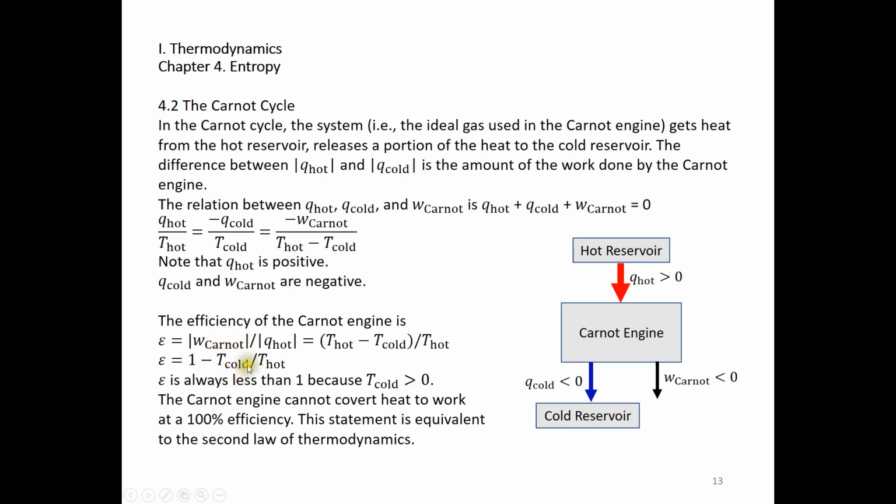For us to have this T cold to be exactly 0 Kelvin, it's impossible. So this ratio is always greater than 0 but less than 1. So this epsilon is always less than 1. Alright, the Carnot engine cannot convert heat to work at 100% efficiency. This statement is actually equivalent to the second law of thermodynamics. We can prove this later.